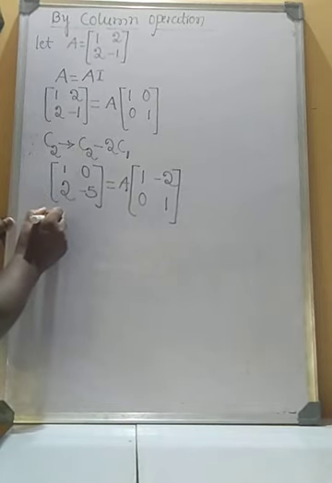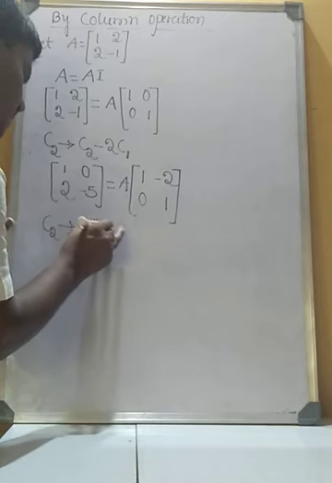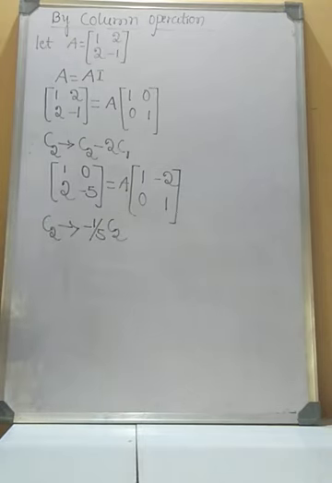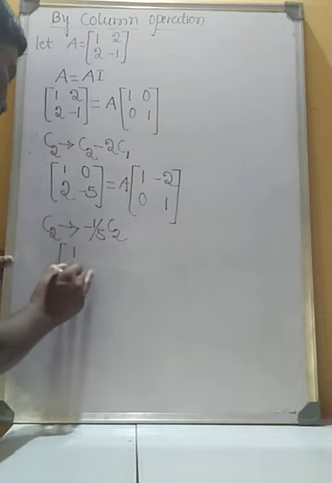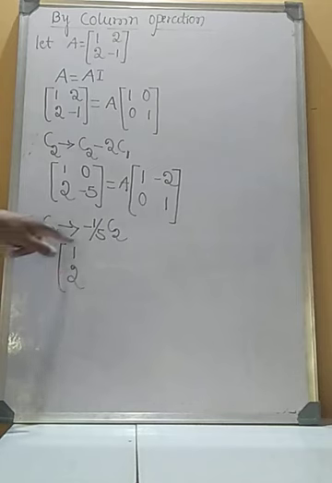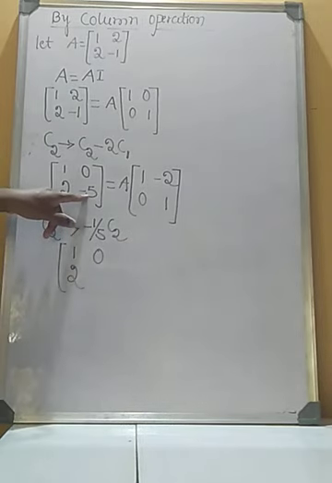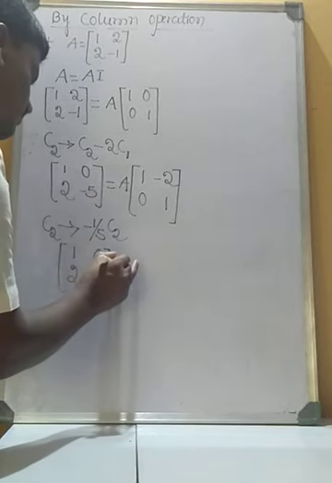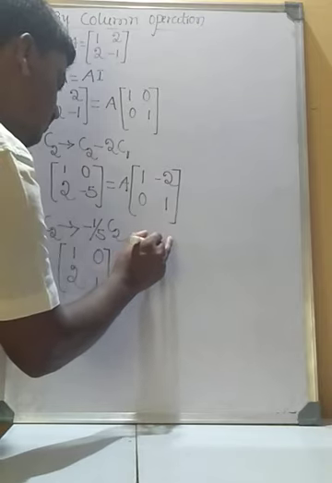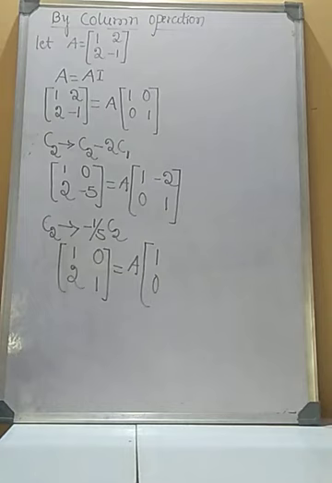So it is again C2 becomes minus 1 by 5 into C2. Therefore, 1, 2 as it is in the first column; minus 1 by 5 into 0 is 0, minus 1 by 5 into minus 5 gets cancelled, 1, equals A into, first column 1, 0 as it is.